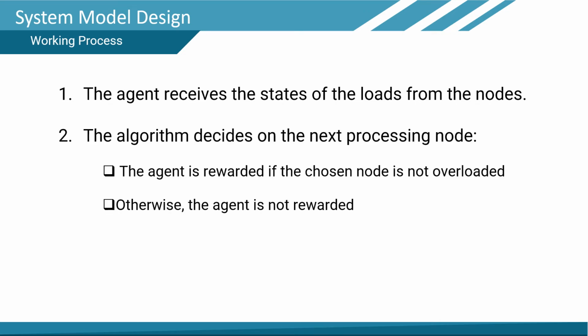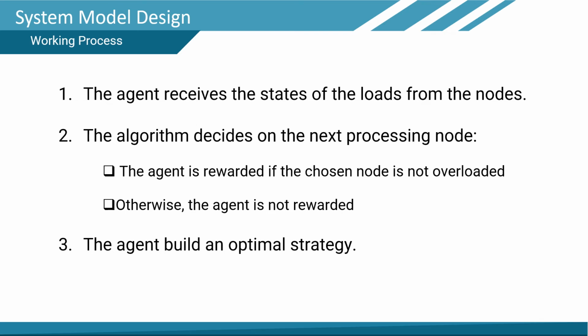The agent receives by interaction with the environment the current loads of the nodes for each state of the simulation, and a node's load is quantified by the number of tasks in its queue.